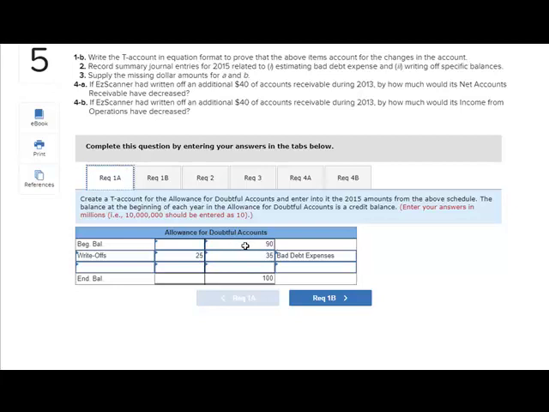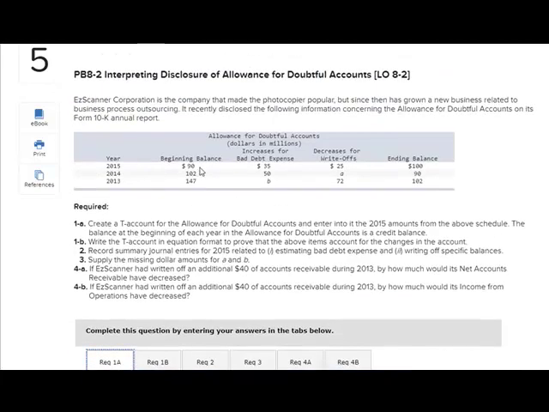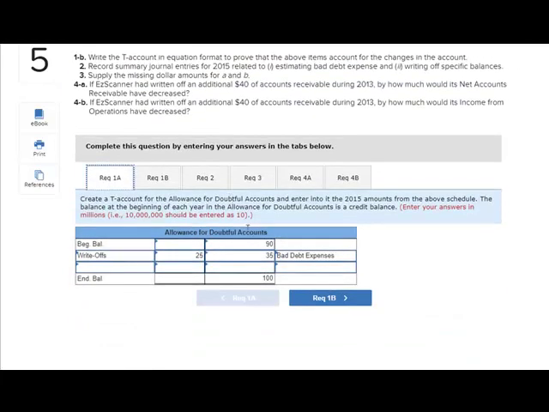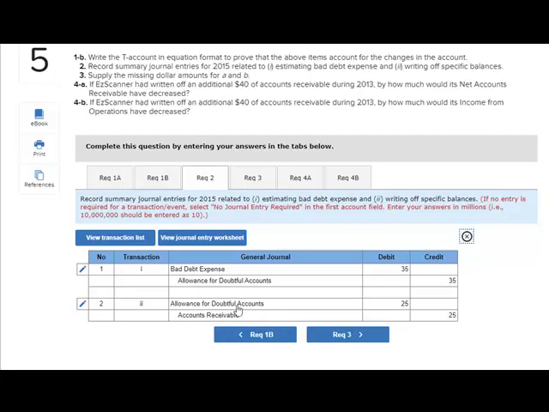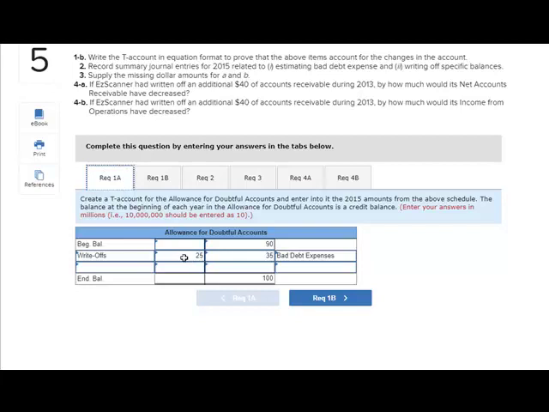And so the beginning balance, which again, we're given up here for 2015, is 90. And we have to be careful to put that on the credit side. And then because when we wrote off the bad accounts receivable, we debited the allowance account, that's why we're writing the write-offs here on the debit side and putting this label here.